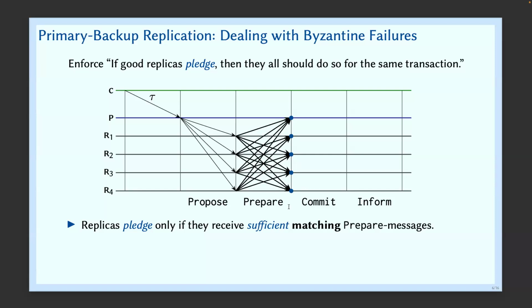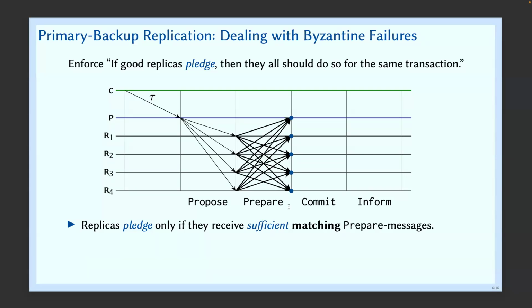So now, why is this not sufficient? Why do I need yet another phase? I already know enough people got the same message. R4 already knows that the primary didn't lie. So why do we need yet another set of exchange of messages?